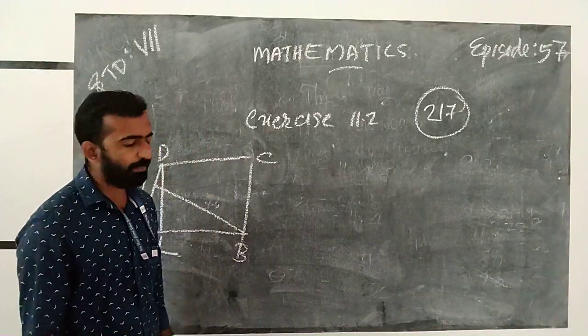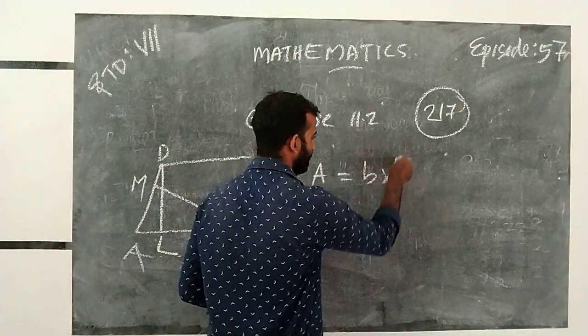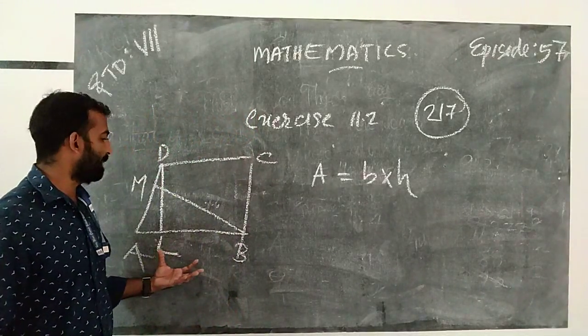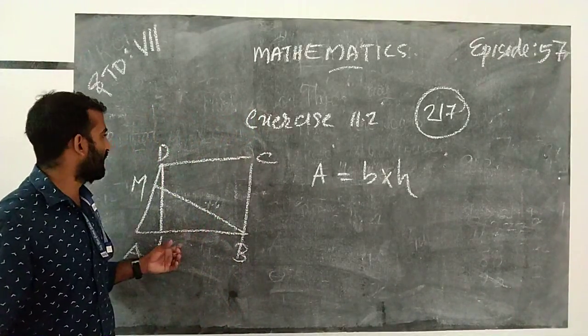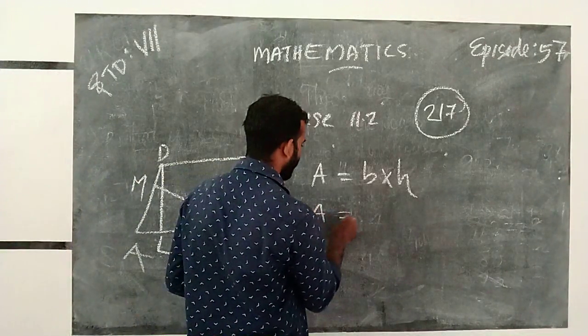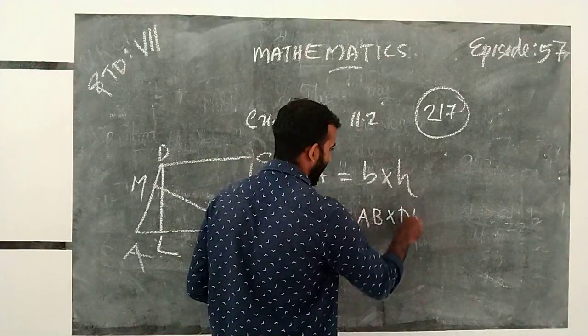Area of the parallelogram equals base into height. First we consider the base as AB, then its corresponding height is DL. That is, area equals AB into DL.